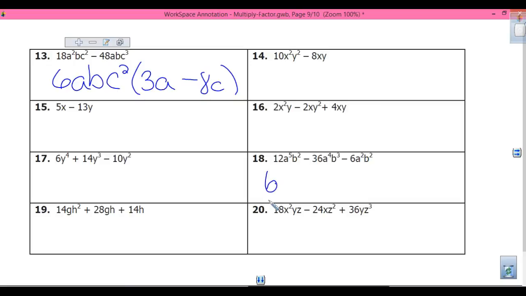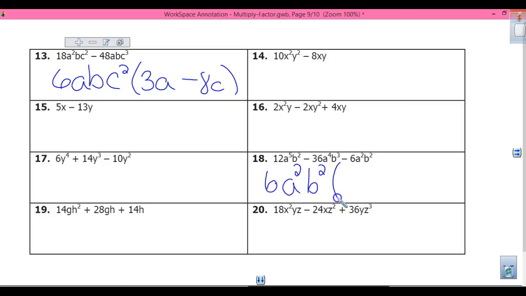We've got A to the 5th, A to the 4th, and A squared. Sam, what do you think can come out? A squared, good. The smaller of the 3. And then I have B squared, B cubed, and B squared. Marissa? B squared, good.